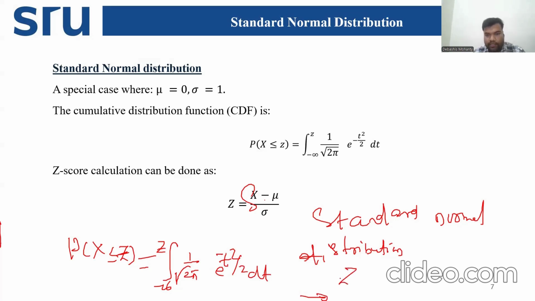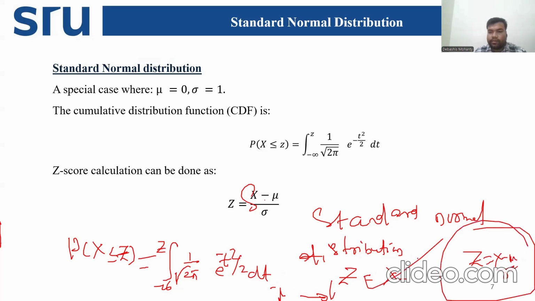One important thing is the z-score calculation. Z equals x minus mu divided by sigma. That is very important: x minus mu divided by sigma. This formula is important, okay, students.